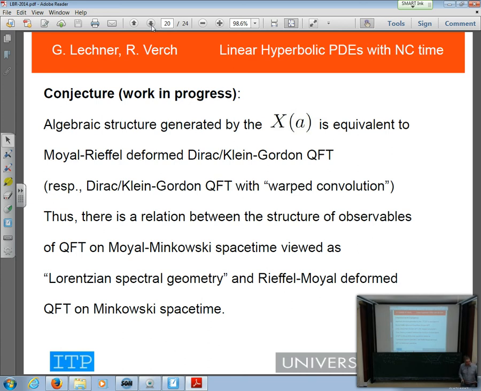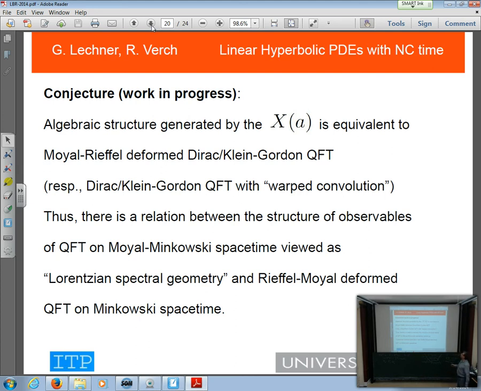Yeah, okay, that is something we are going to find out about. That's not finished. We are working on that. But that's, of course, the next natural step, to see what the relations between the X operators are, depending on the algebraic structure of the A's.